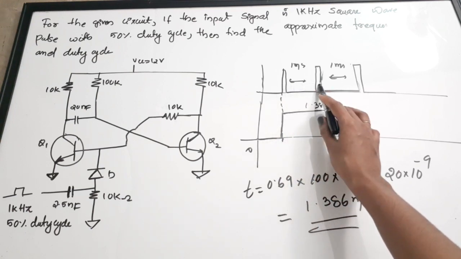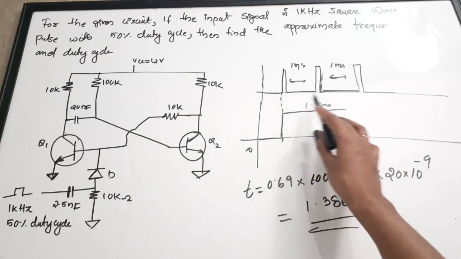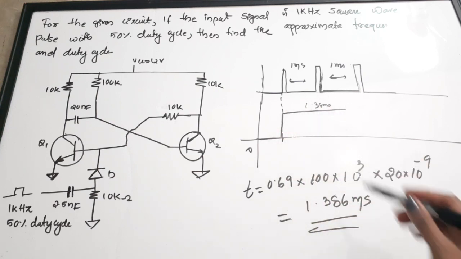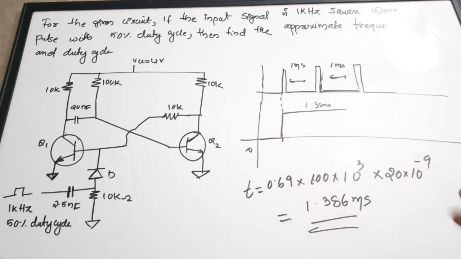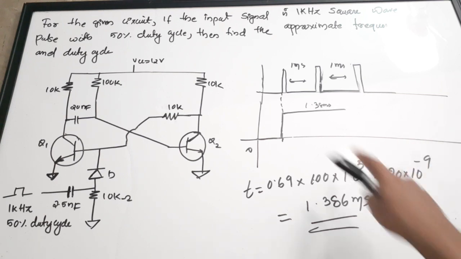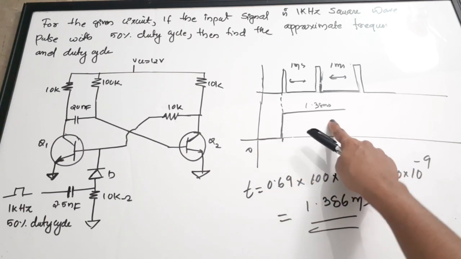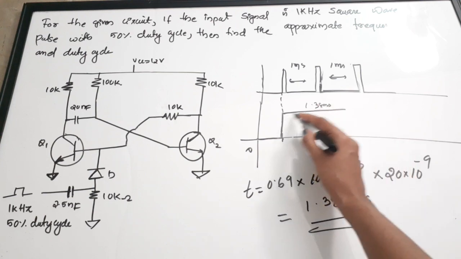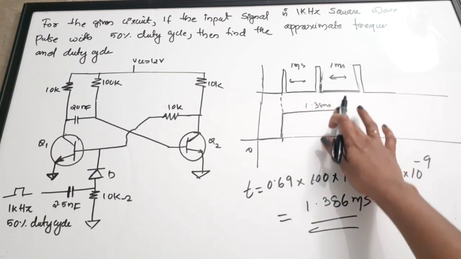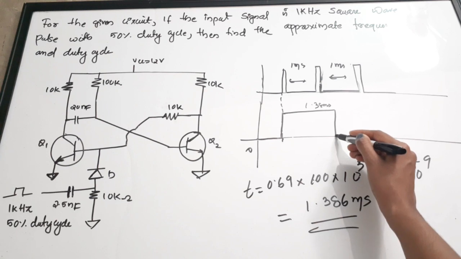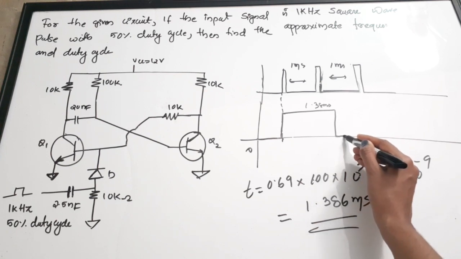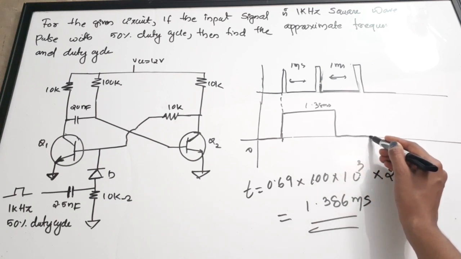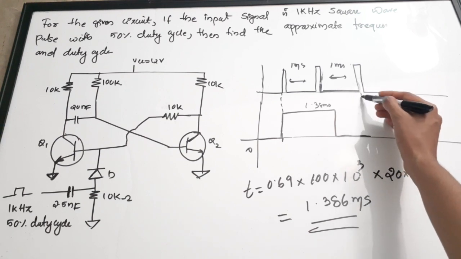Even though the second triggering pulse is coming, it won't affect the output, because the aim of applying the triggering pulse is to shift the waveform from the stable state to the unstable state. Already the waveform is in the unstable state, so no change. It will remain in the unstable state for 1.38 milliseconds, roughly till here, and then it will move to the stable state and continue till the next triggering pulse.